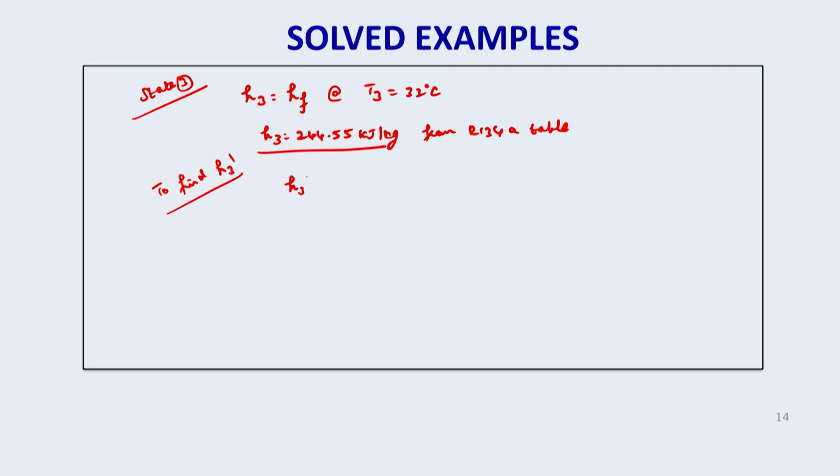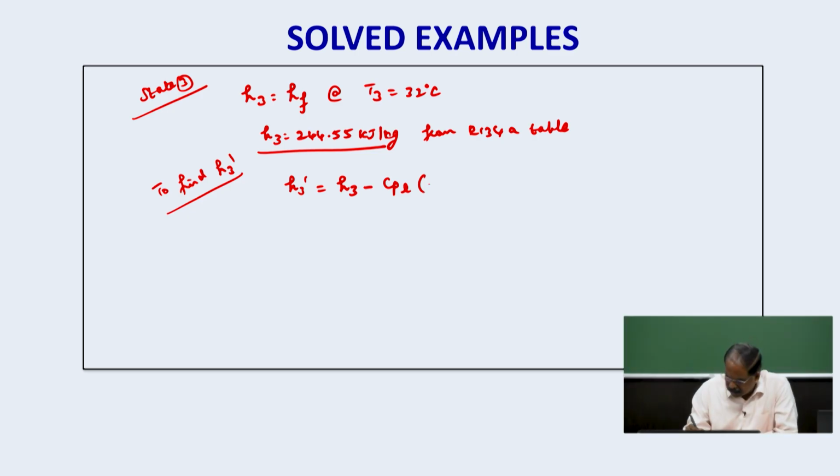State point 3 dash lies in the subcooled region. So the subcooled enthalpy is equal to the saturated liquid enthalpy minus Cp of liquid, not vapor, into delta T. Delta T is the degree of subcooling, that is T3 minus T3 dash. T3 is the condenser temperature.